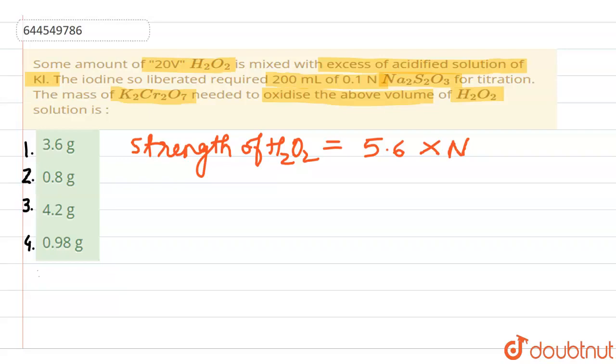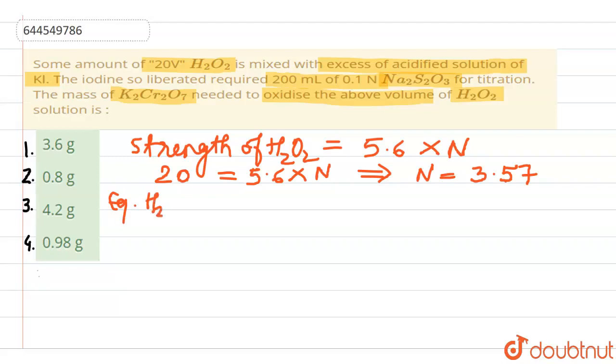Here the strength of H2O2 given to us is 20, which will be equal to 5.6 multiplied by normality. So from this the answer for normality will be something around 3.57.